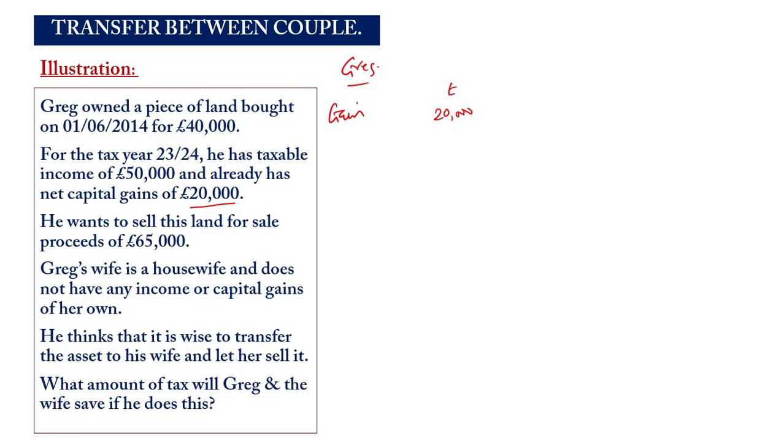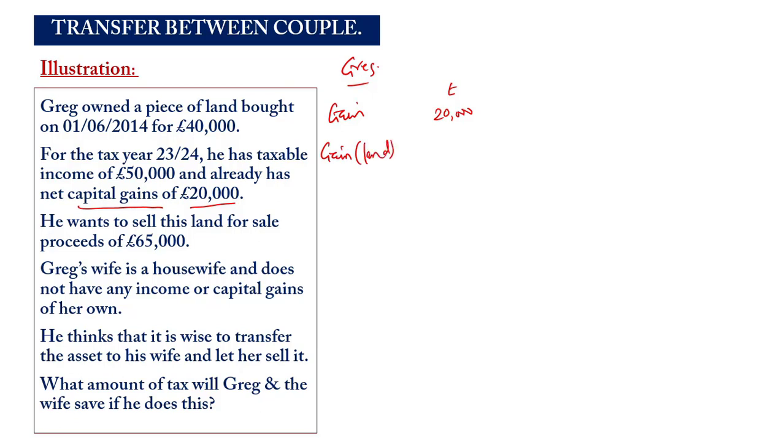And we are being told that he wants to sell this land for proceeds of 65,000. So this is a net capital gain, so it means that the annual exempt amount has not been taken out. If they told us it was a net taxable gain, then the exemption would already have been taken out. So now let's add the additional gain on the land.